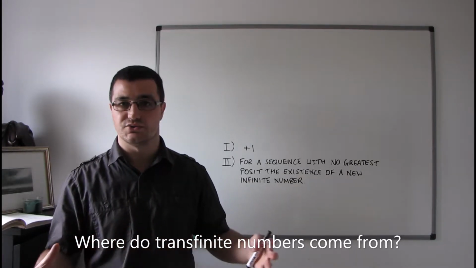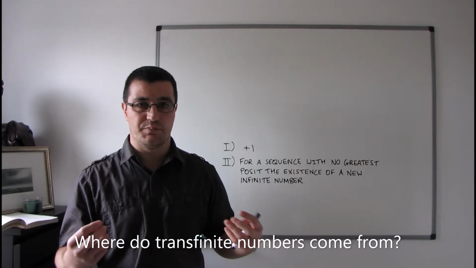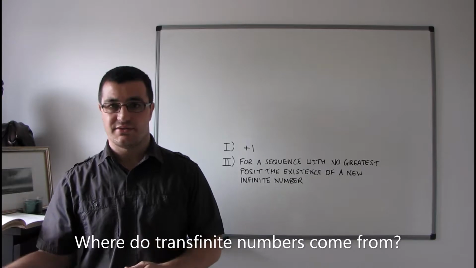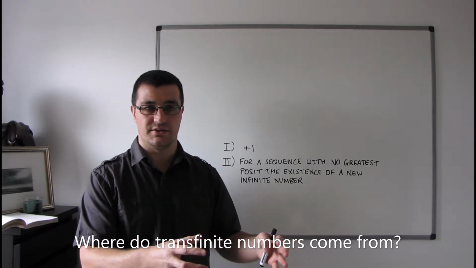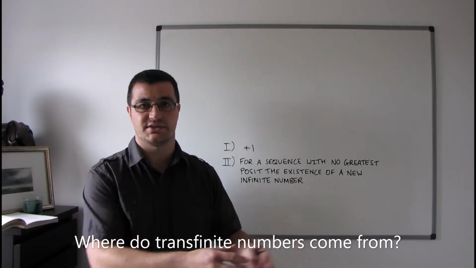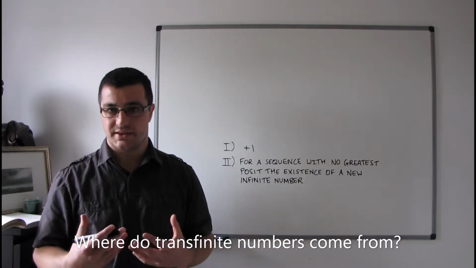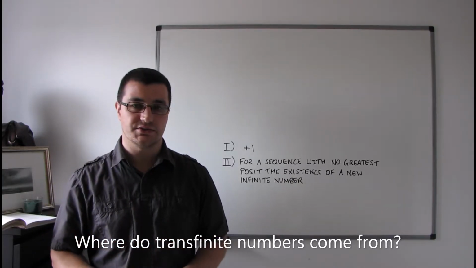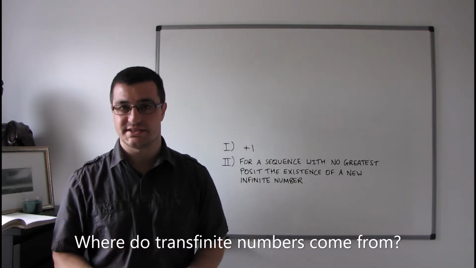So something with 100 objects is going to be bigger than something with 10 objects, and the number 1,000 seems to represent something that's bigger than 100. But the transfinite ordinal numbers that Cantor introduces have nothing really to do with this, at least only in a limited sense.